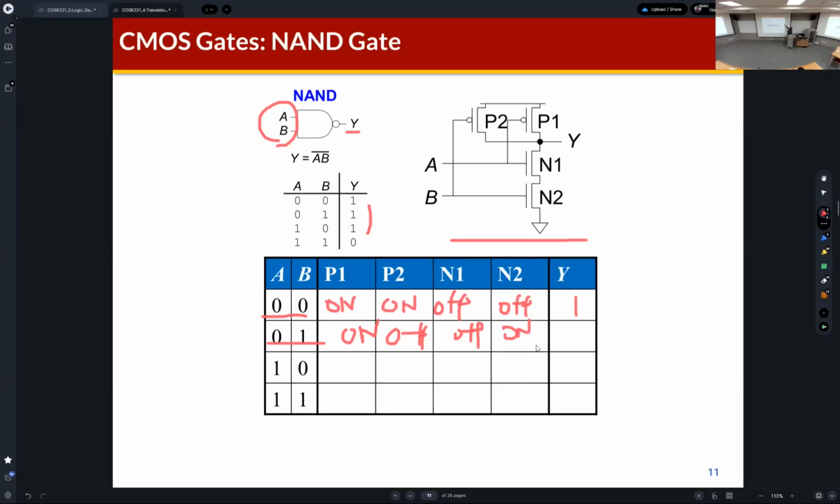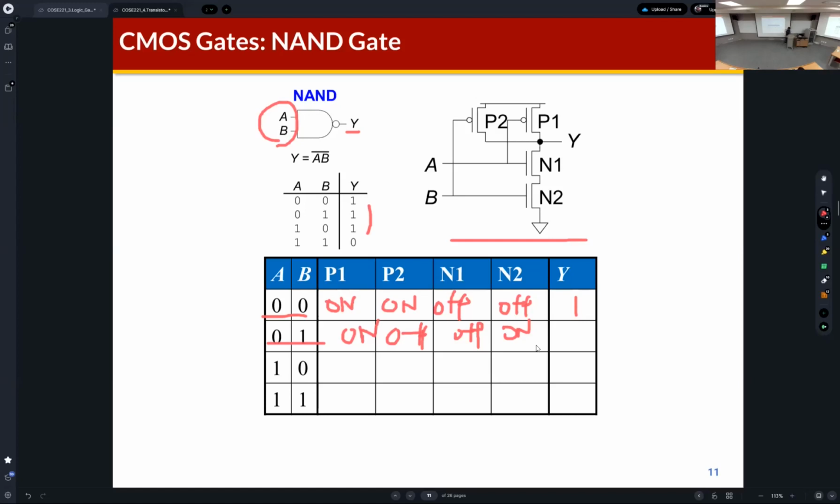The PMOS transistors are connected in parallel to the VDD, which means that if one of the PMOS transistors is turned on, then Y is connected to the VDD. Okay, understand?